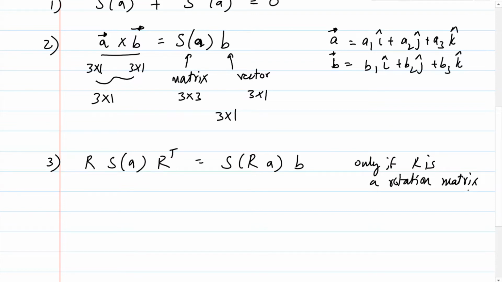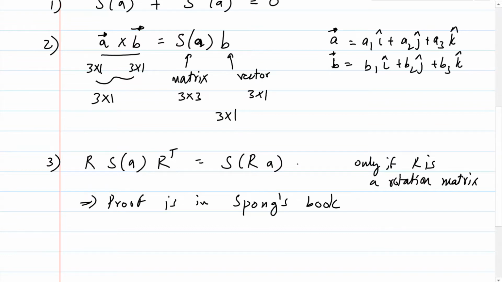The proof is slightly more complicated, but it is in one of the books I recommended, Spong's book on robot modeling and control. His book has the proof, but you could check this for specific values of R and A. Why did I write B here? This shouldn't be B. It's S of R of A.